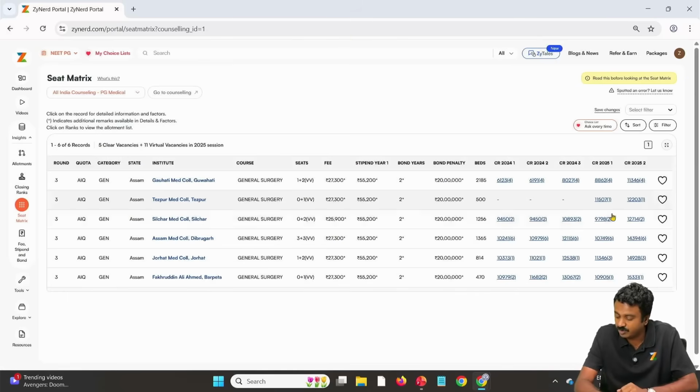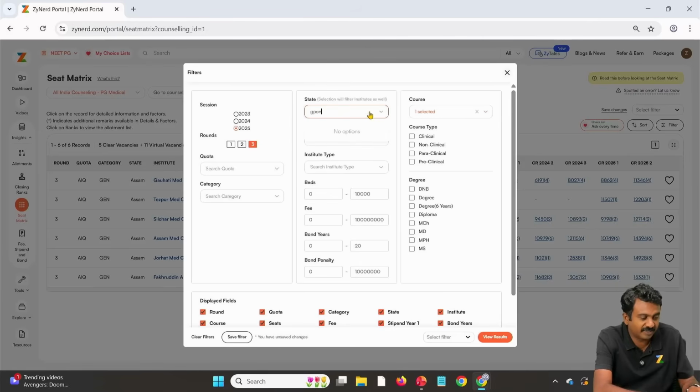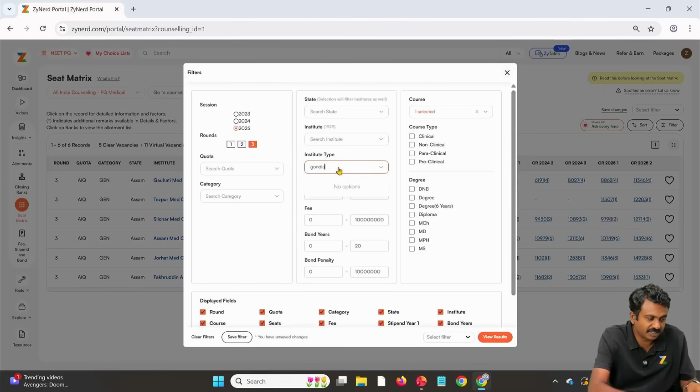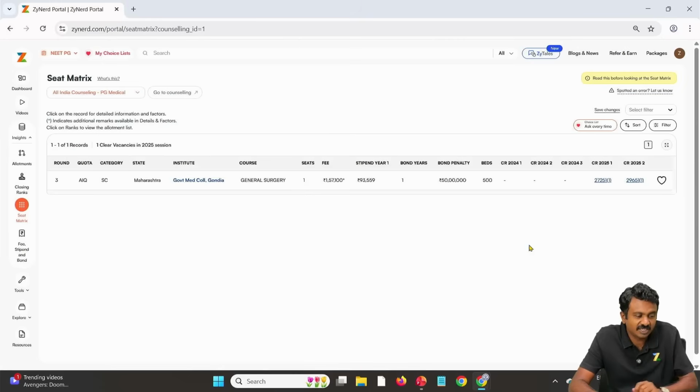Next, we'll give you certain examples in terms of how certain seats might be converted. Let us say I'm taking this particular institute, Government Medical College in Maharashtra, and we see that only one SC category seat is available in general surgery.